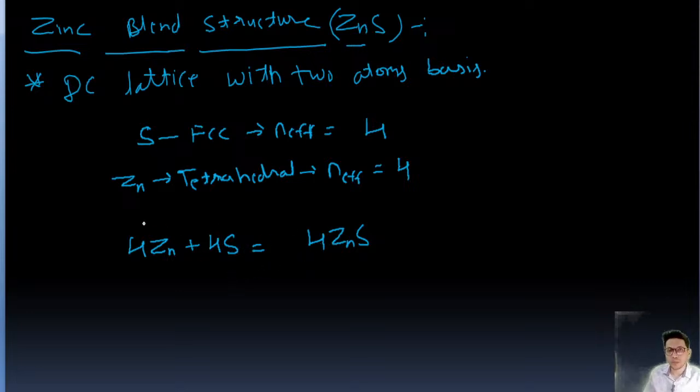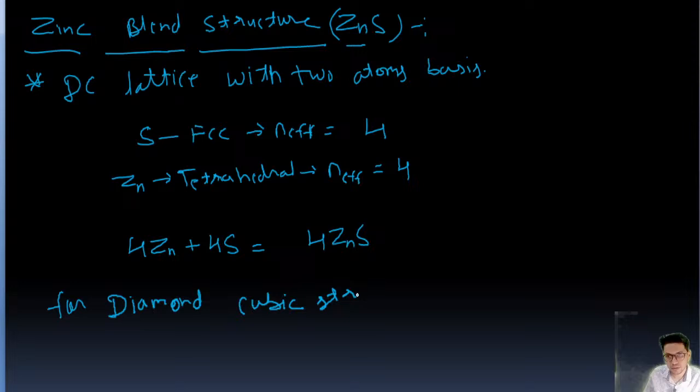Since ZnS has a diamond cubic structure, DC means diamond cubic, and for the diamond cubic structure we know 8r equal to root 3 a.